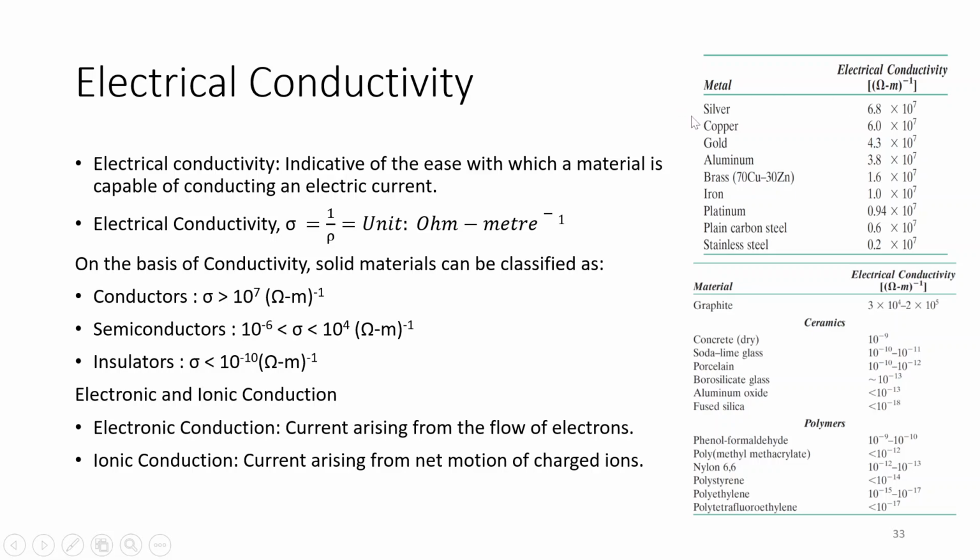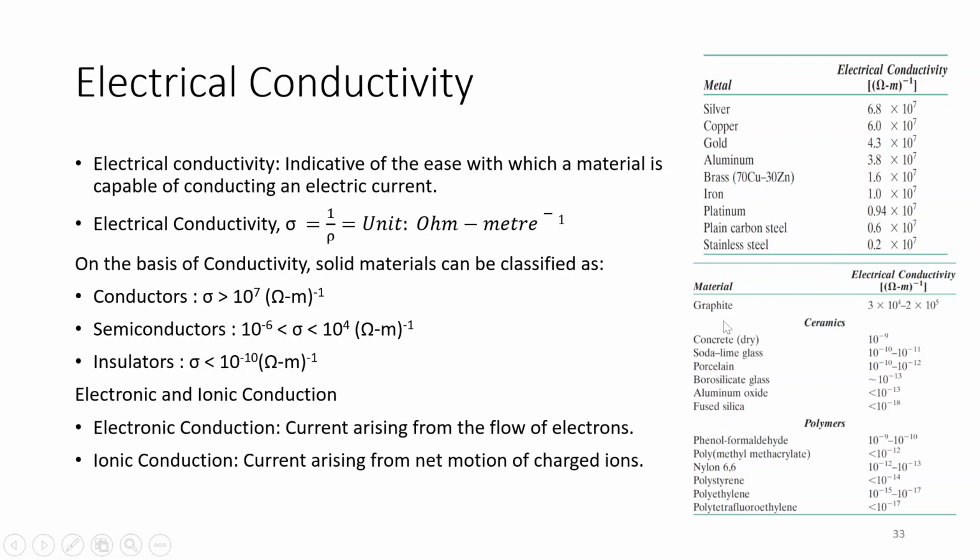In metals, the highest electrical conductivity is for silver, then 6.8, then copper 6, then gold, then aluminum, then brass, iron, platinum, plain carbon, and stainless steel.